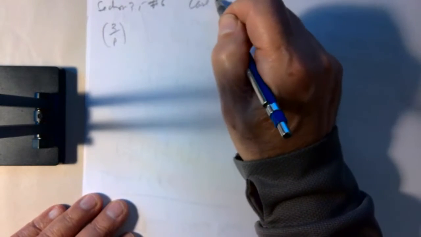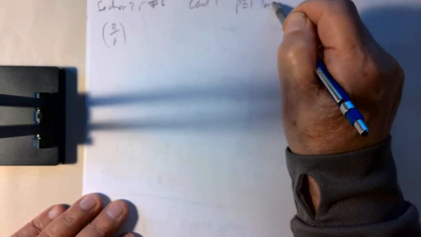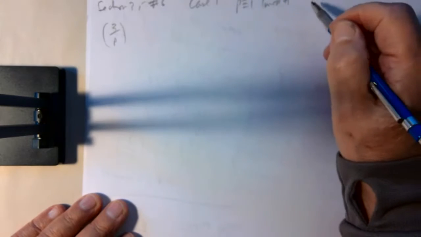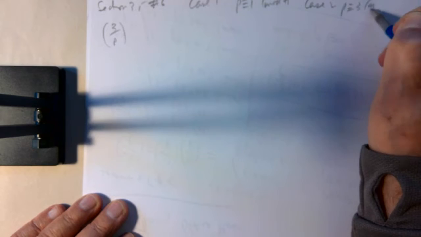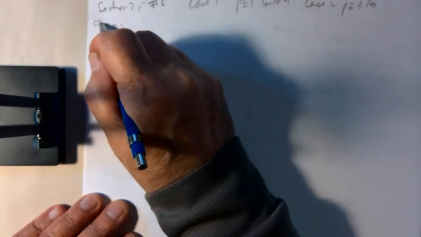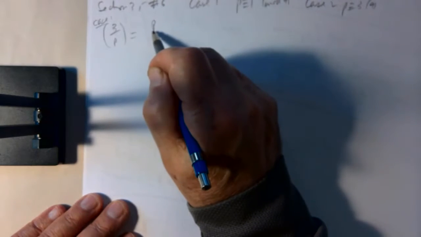Case 1 will be when p is congruent to 1 mod 4, and case 2 will be when p is congruent to 3 mod 4. For case 1, if p is congruent to 1 mod 4, then this is just (p over 3); you can flip it.